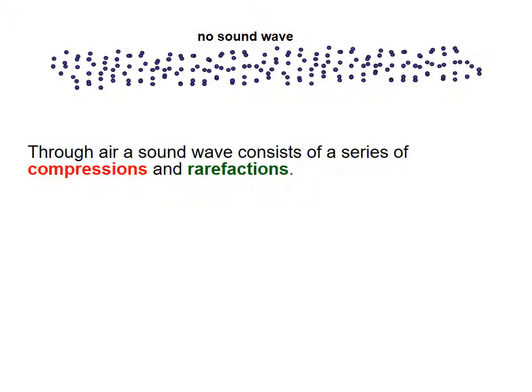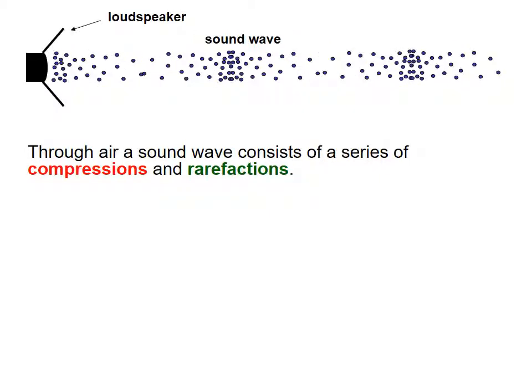So here are some air particles just floating about doing their thing, and there's no sound wave. And then what happens is that we have someone talking, like one of you from the back row, and you see that the sound waves interact with the air molecules. The air molecules get compressed.